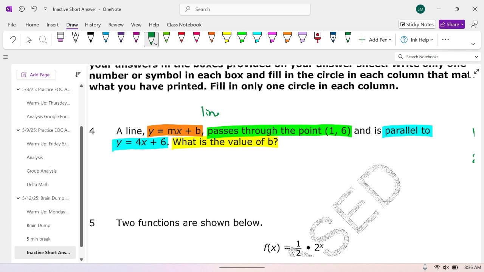Linear. So anything we do is going to be linear. And then what does parallel mean in terms of linear? Taylor, what does parallel mean in terms of linear functions?